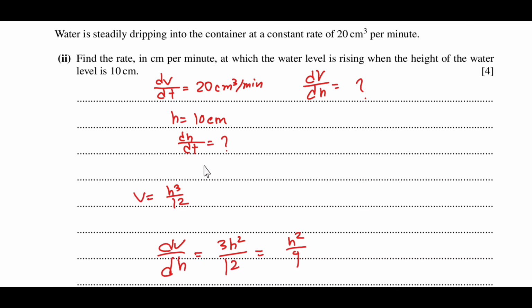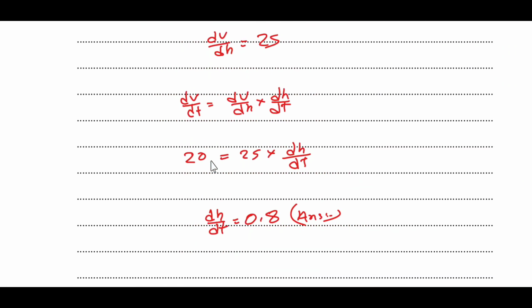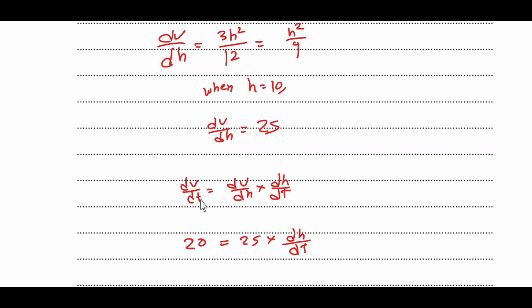So to find the value of dh by dt, dv by dt is equal to dv by dh into dh by dt. As we can see, this dh and this dh cancel each other out, so that we have dv by dt.